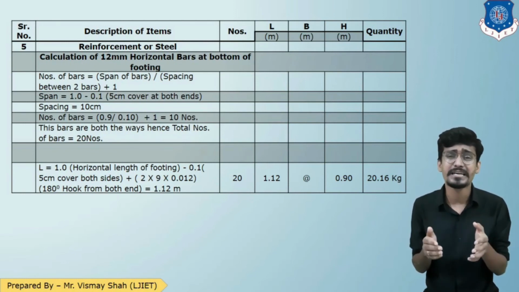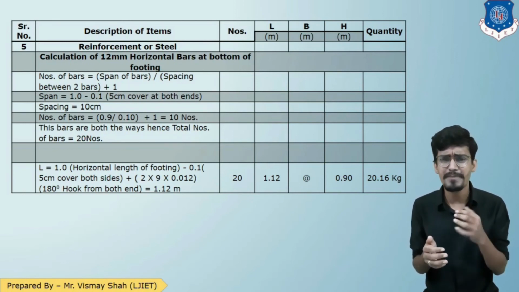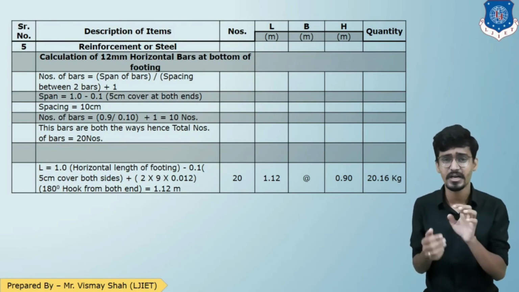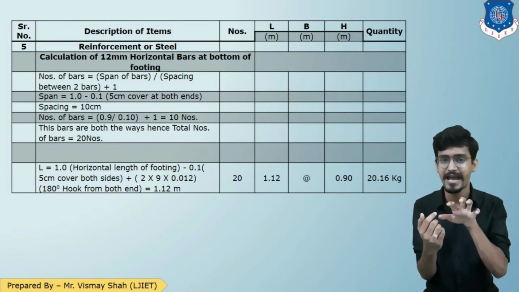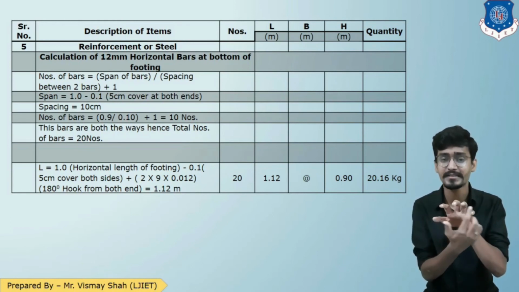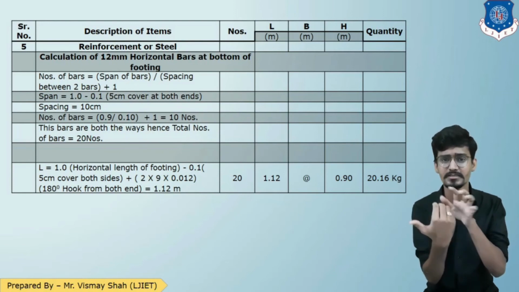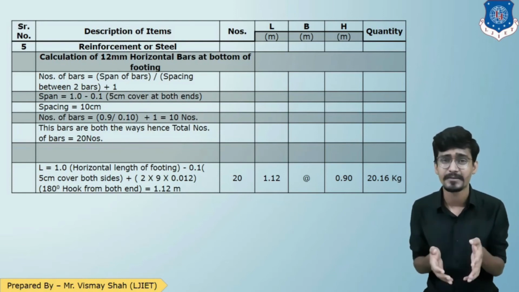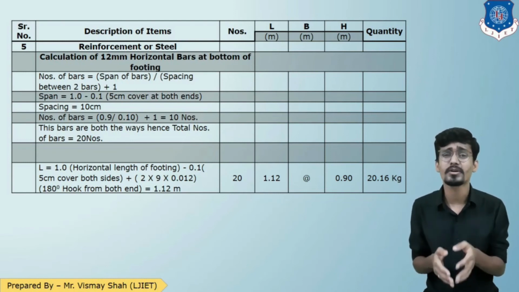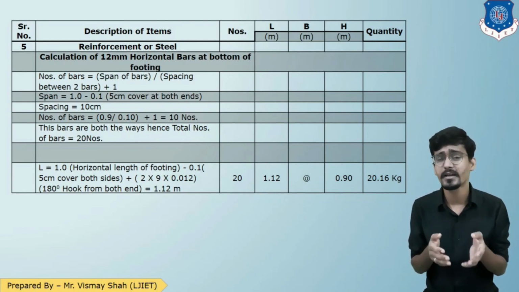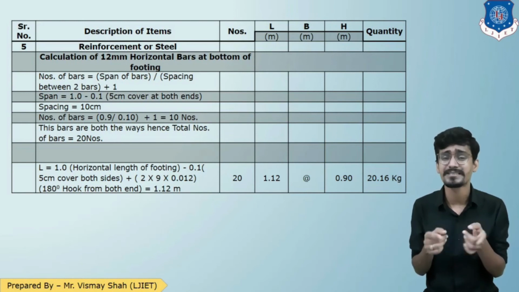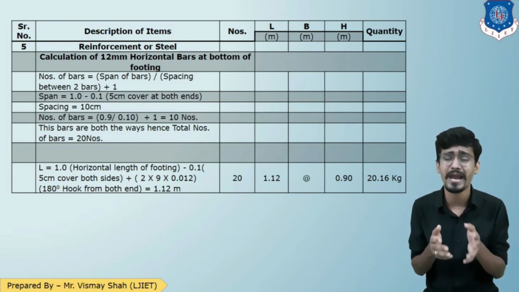But generally in footing, these bars will be in both ways. So as you can see in the section, if this is the reinforcement, you are seeing these dots. So this kind of dots will be on the other side of the footing. So the numbers will be doubled, so 20. Now talking about the length, as we already know, span is your length. So 1 meter minus 0.1, but again, these horizontal bars also have a 180 degree hook at both ends.